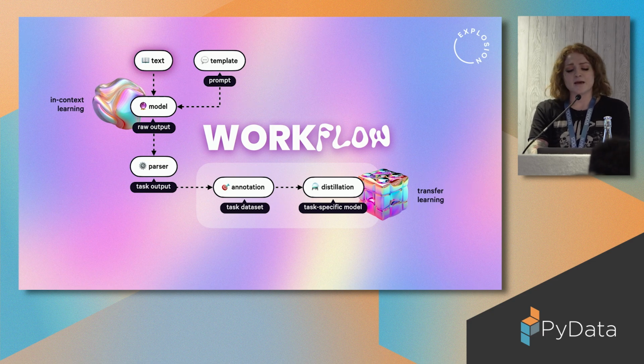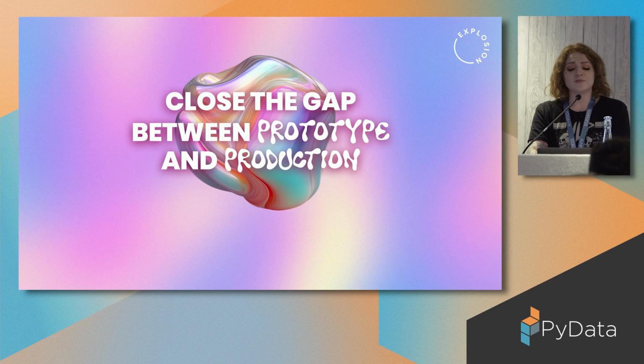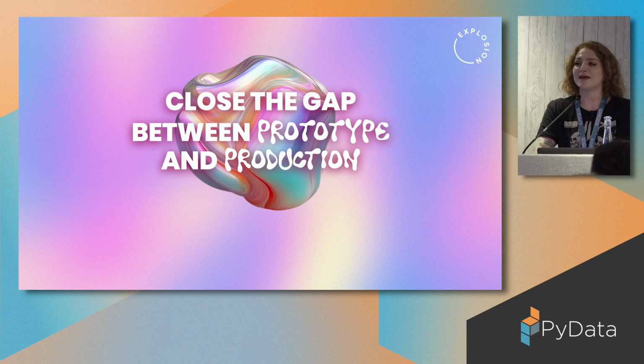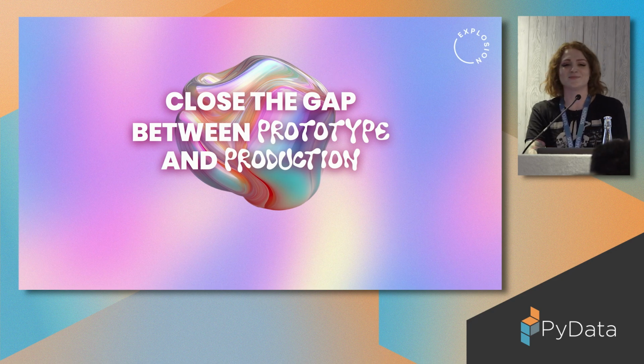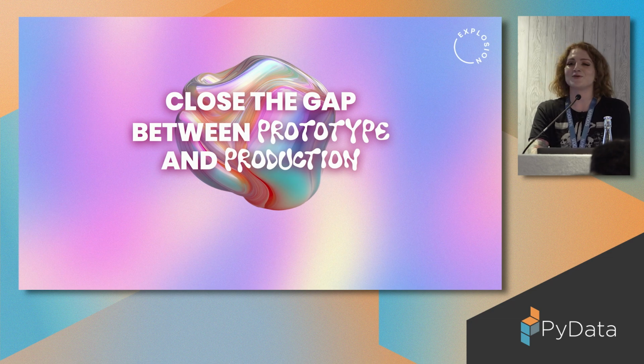And with large generative models and large language models, it's never been easier to create cool prototypes. I think that's one of the things that really stands out. And if you saw the keynote this morning, you've also heard about how many projects never make it past the prototype stage and never make it into production.